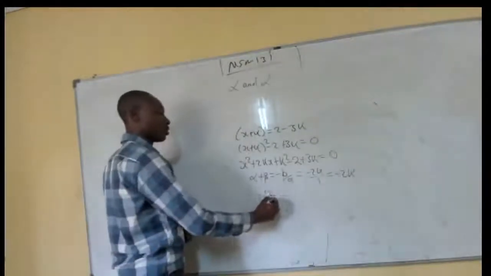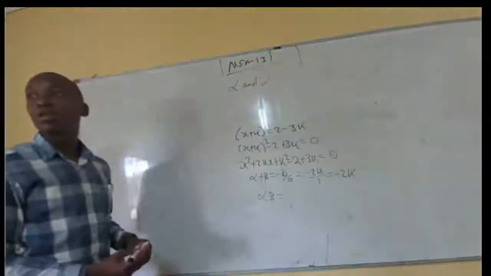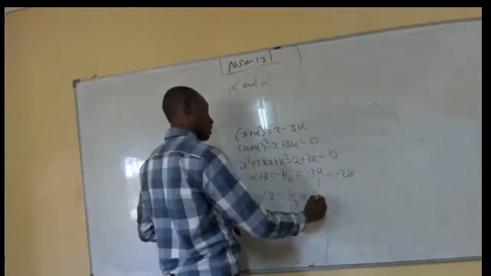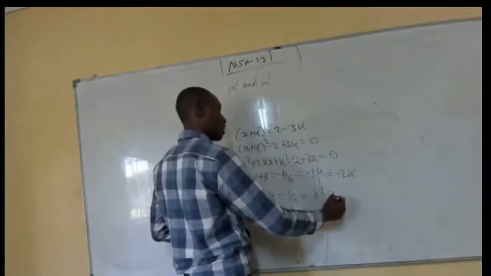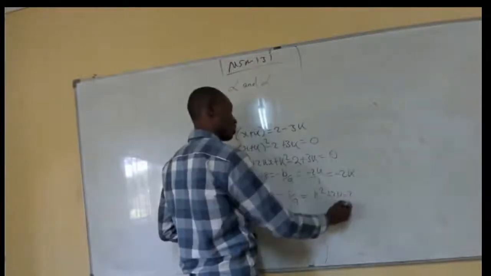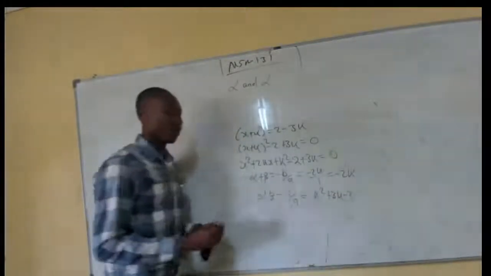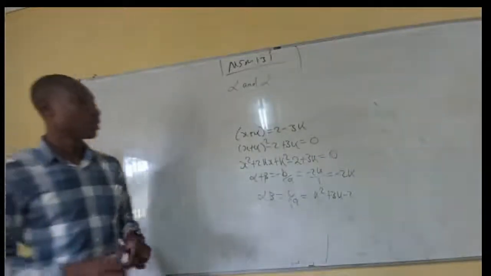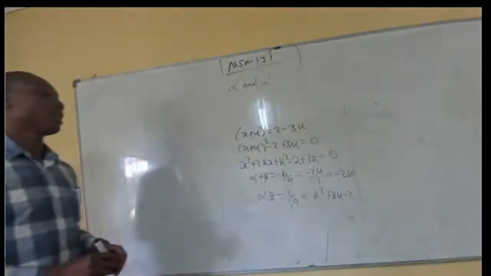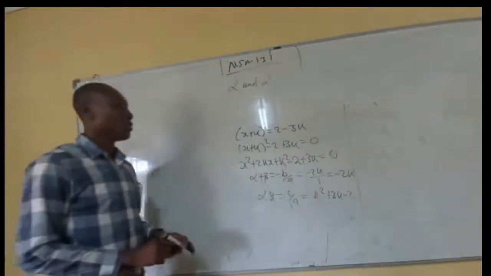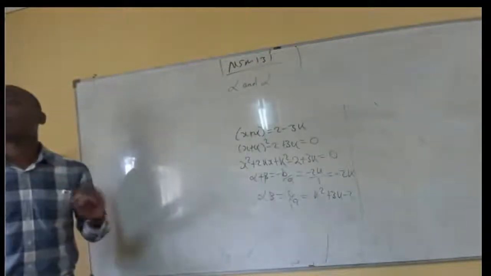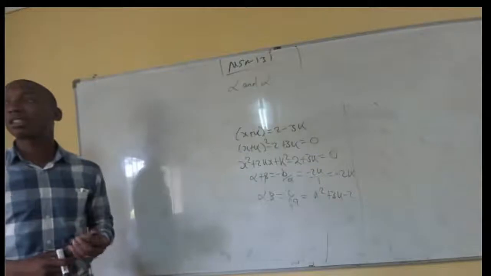Then the product of the roots is found as c over a, so we have k² + 3k − 2 as our product. Now the next thing is to put it in the stated condition, which says the two roots are equal.